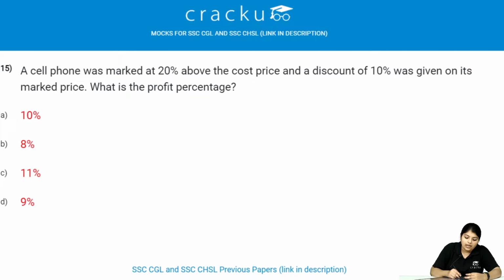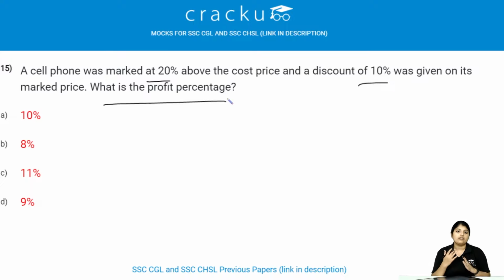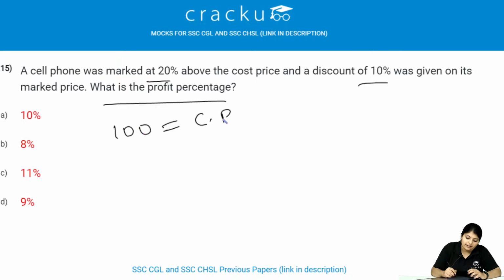A cell phone was marked at 20% above the cost price and the discount of 10% was given on its marked price. What is the profit percentage? For such questions, first we have to assume, let the cost price be 100.